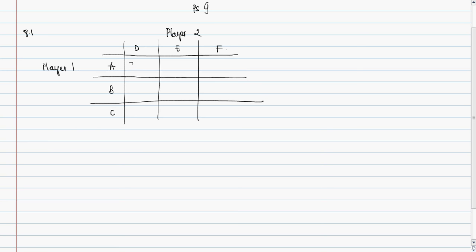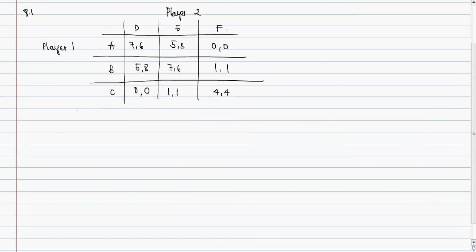Here you have 7, 6, 5, 8, 0, 0, 5, 8, 7, 6, 1, 1, 0, 0, 1, 1, and 4, 4. So we have all the payoffs for all of the pairs of strategies for both player 1 and 2. Part A of the question asks you to find a pure strategy Nash equilibrium.